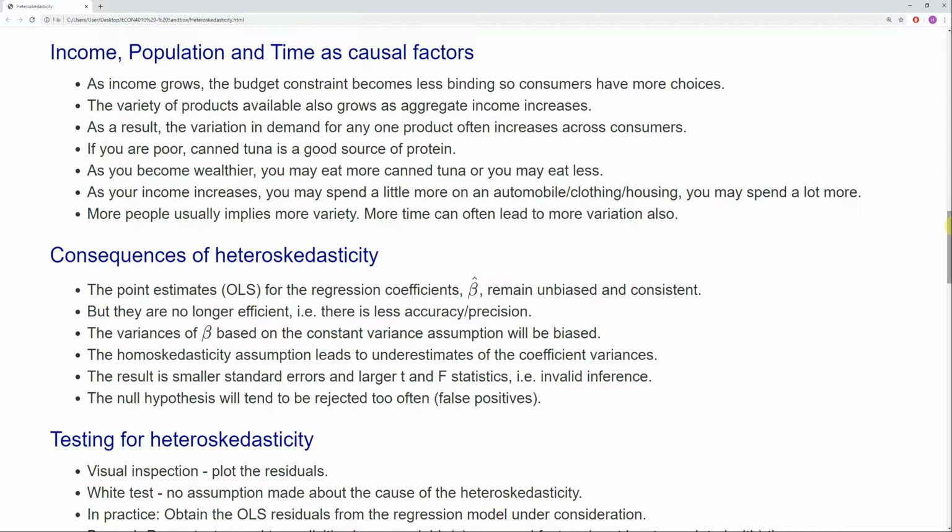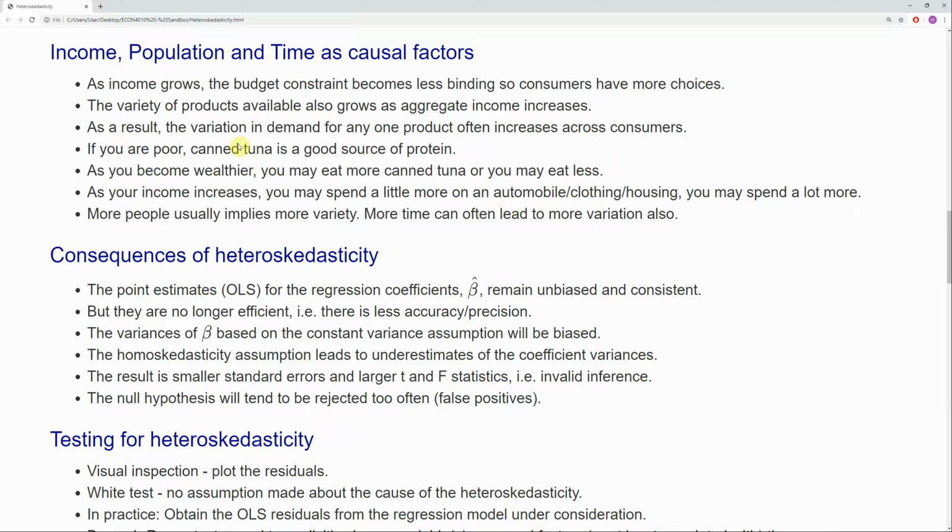So our utility function could be different, and then as we get higher levels of income, we might get access to more options, more variety of products that we can choose from. So then the distribution of price or demand of those goods is going to be different for people who are coming from a higher income level than people who are coming from a lower income level.